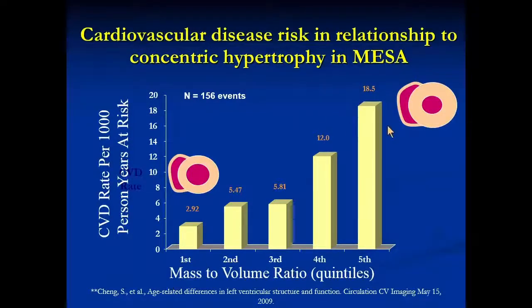And Susan Chang, who is now at the Brigham, showed very clearly in MESA that if you develop this phenotype, if it's very exaggerated or you develop it early in life, the chances of events are very high.